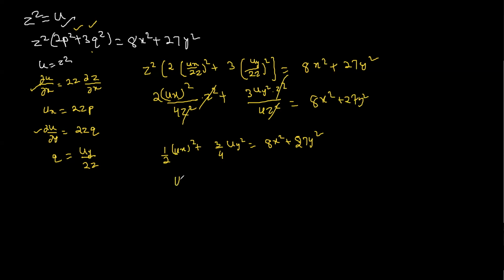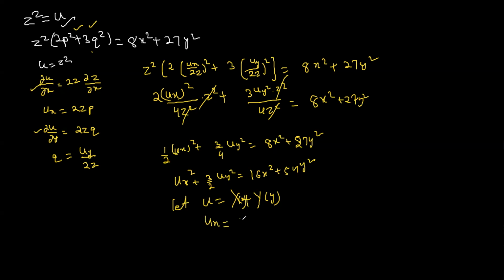When you multiply 8 on both sides, you will get Ux square plus 3 by 2 Uy square equals 16x square plus 54y square. Now we will apply variable separable method. What is variable separable method? Let U is equal to X times capital Y, and this is X. Now when you find Ux, this is nothing but X dash.